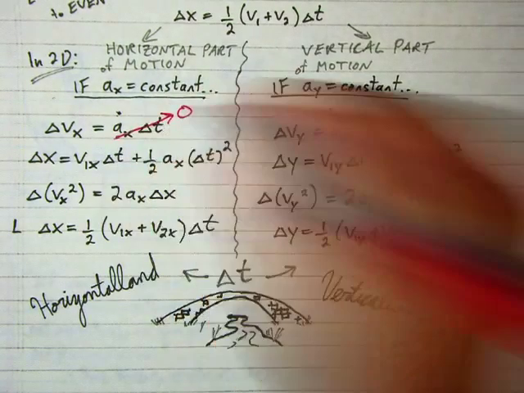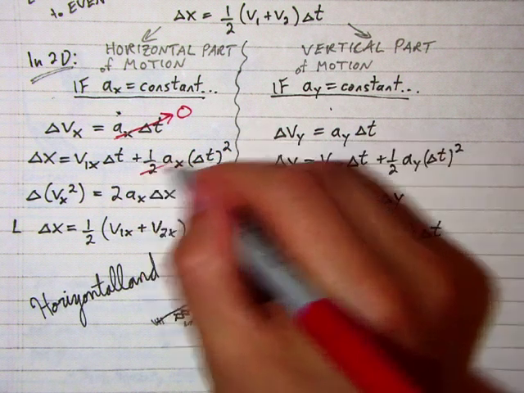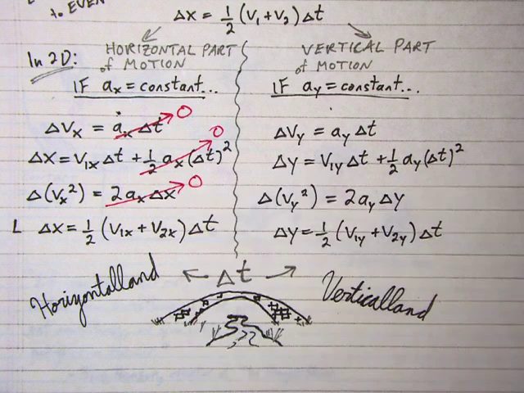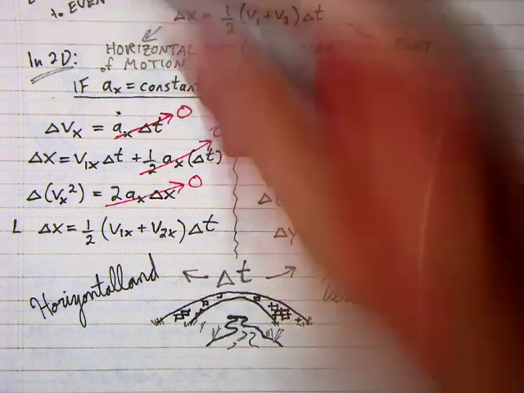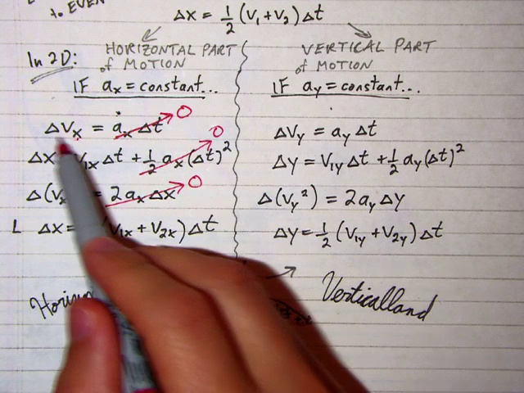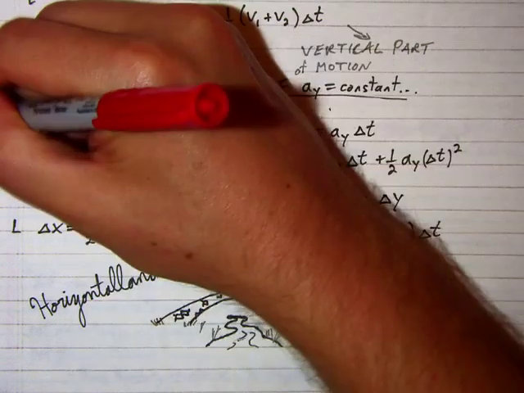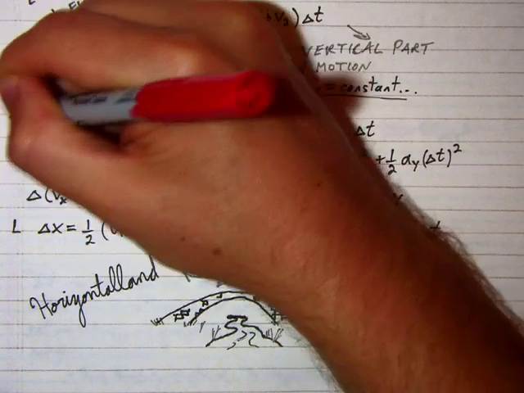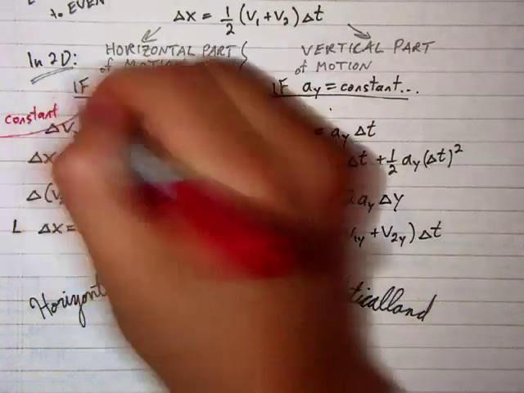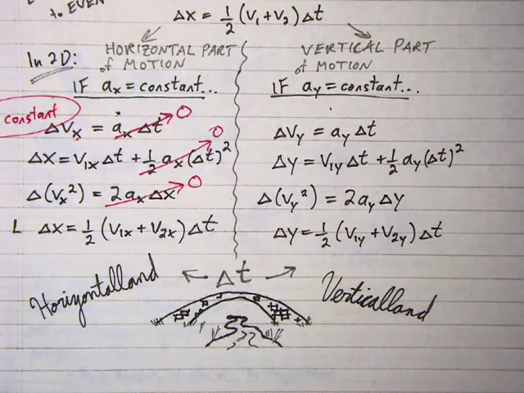Therefore, this whole side goes to 0, this term here goes to 0, this term here goes to 0. What's left is that the change in your x component of the velocity is 0. Therefore, it's not changing. Therefore, the x component of your velocity is constant as long as you're in free fall.